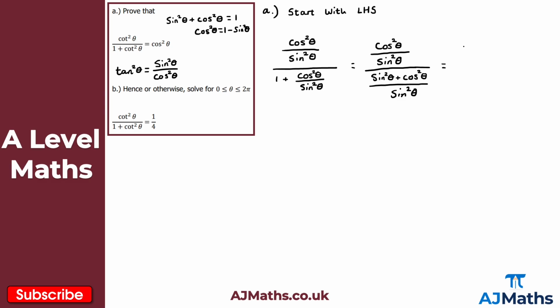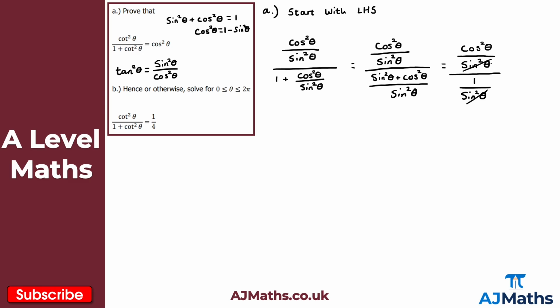So now we've got cos squared theta over sine squared theta, and that's all over 1 over sine squared theta. From here, we're pretty much done. We've got this fraction divided by this fraction, which is just the same as timesing through by sine squared theta, because it's 1 over sine squared theta. So the sine squared thetas will just cancel.